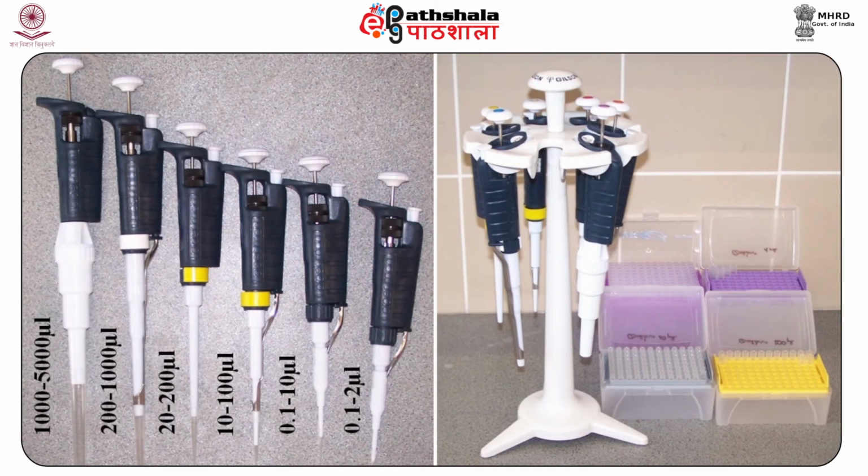Depending upon the accuracy and precision required, micropipettes are available in different designs, varying from simple single glass pipettes to more complex electronic pipettes. Measurement accuracy varies greatly with the design of the pipette.